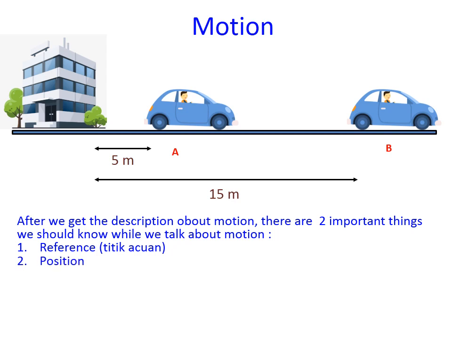The second is position. From the figure we can see that point A is located 5 meters from the building, and point B is located 15 meters from the building. So we can say the position is the object's location from the reference point.